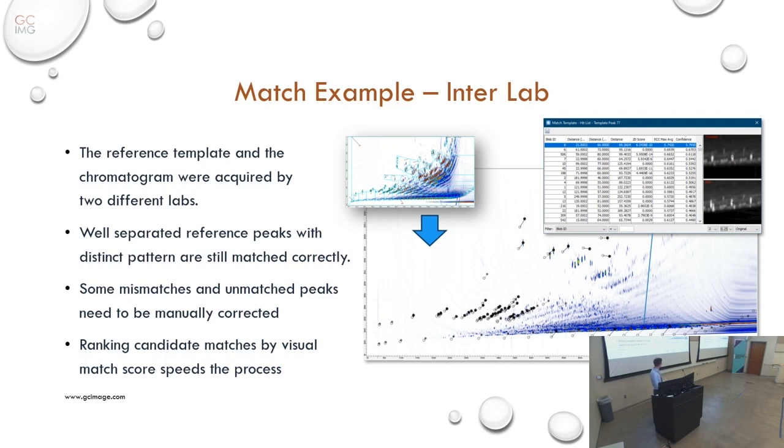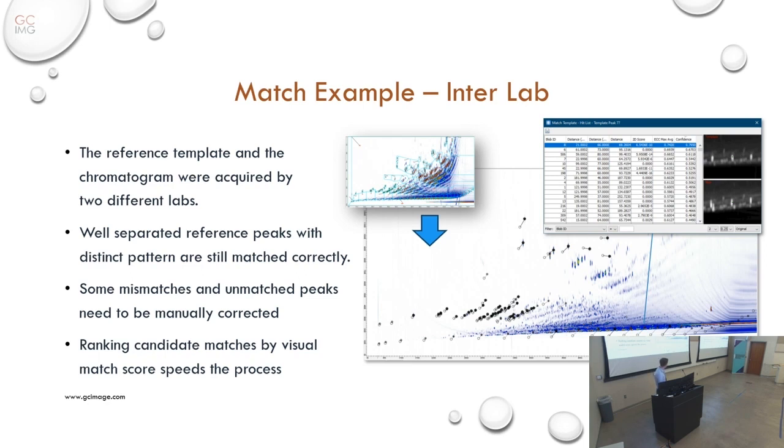So we applied that to a few examples. Here I am showing an example of two chromatograms following the UOP 990 standard. We are attempting to transfer the template from one to the other. These chromatograms were acquired from different labs, so there's a certain amount of visual difference between them.